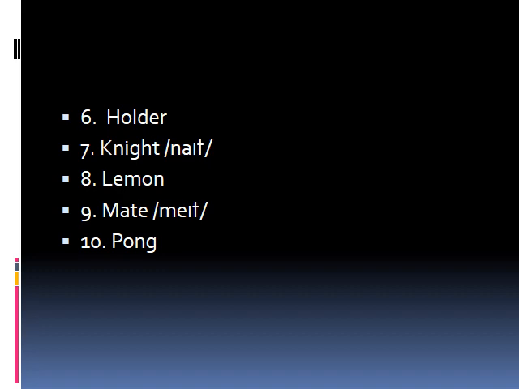Take a look at the word night. Night consists of n, diphthong I, and t. Number 9, maid. We can transcribe it as m, diphthong a, and d. The rest you can do by yourself.